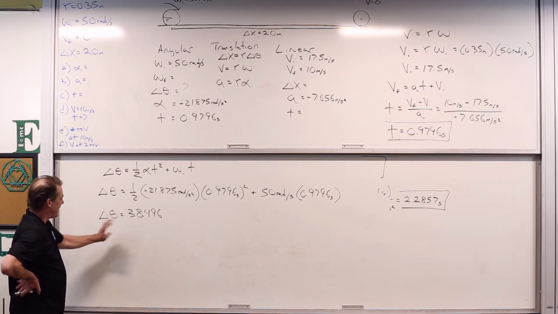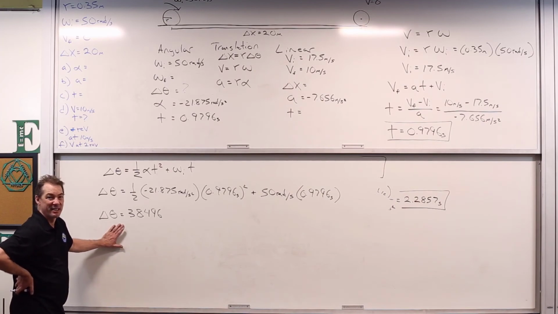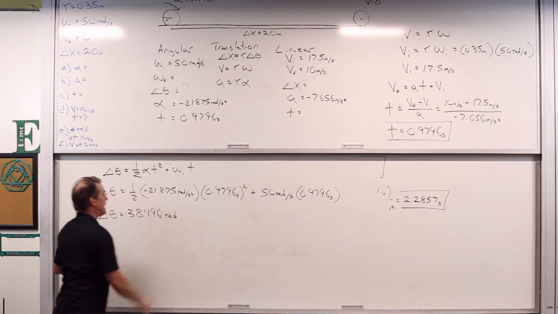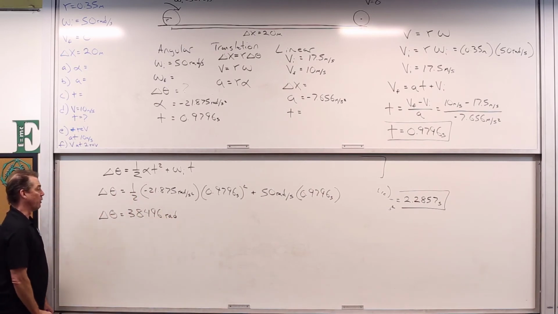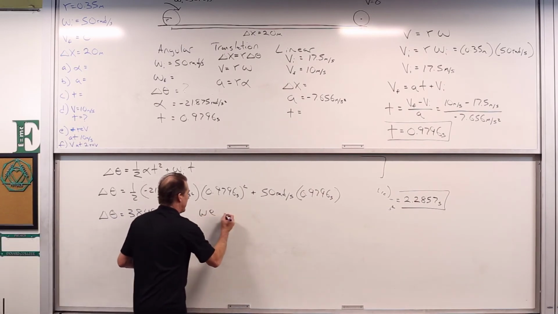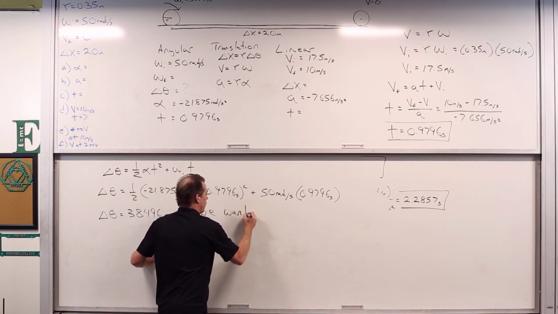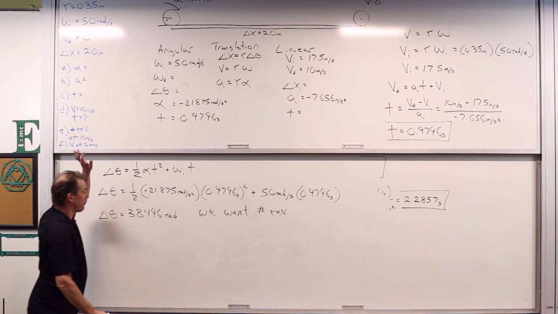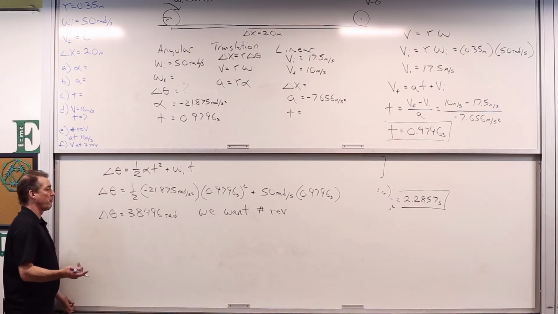It is not, because this is the number of radians that it sweeps through in its rotation. That is radians. We want the number of revolutions, as was asked for in the problem. So how are we going to get the number of revolutions?